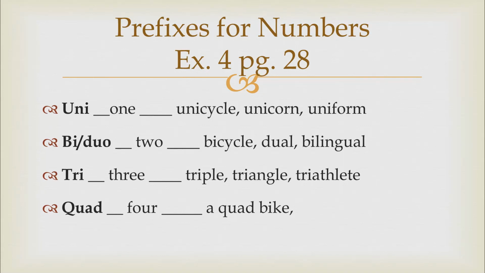Bi means 2: bicycle that has 2 wheels, dual that has 2 shapes, bilingual a person who can speak 2 languages. Tri: triple having 3 insides, triangle having 3 corners, triathlete a person who takes part in 3 different events in a game. Quad 4: a quad bike which has 4 tires.